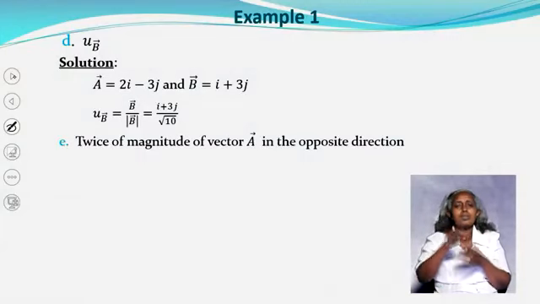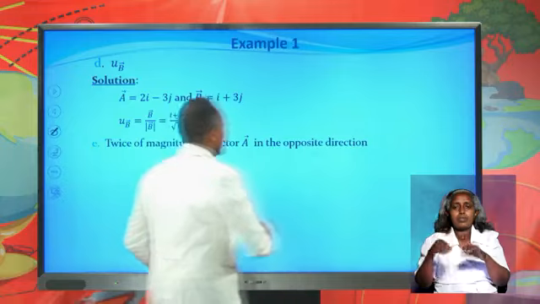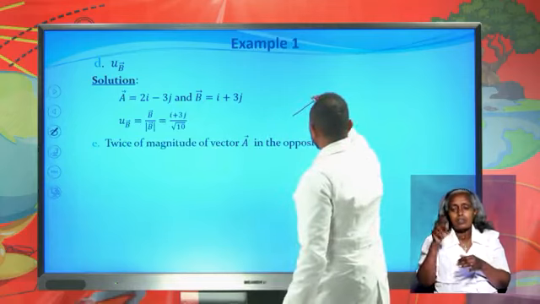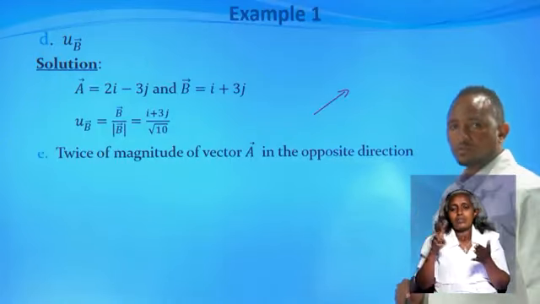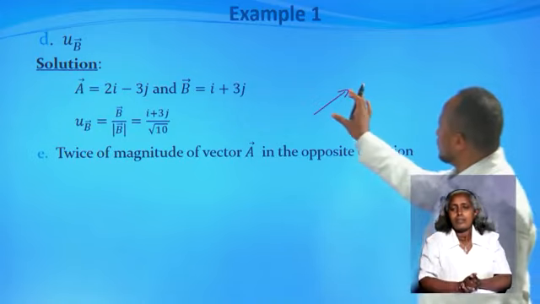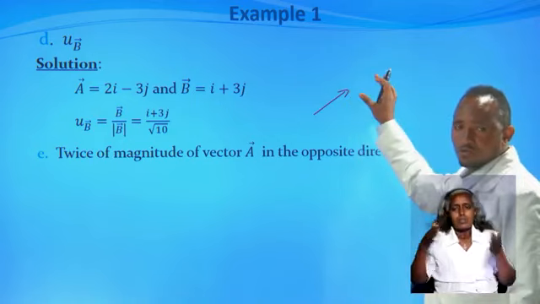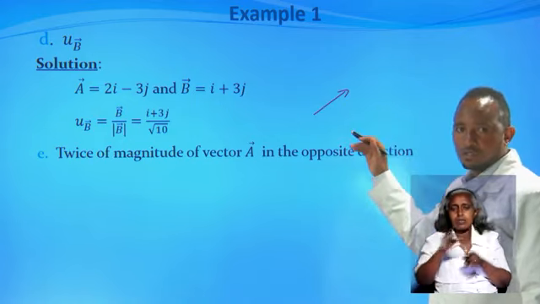Next question, we are asked to find twice the magnitude of vector a in the opposite direction. Let me say something here. If a vector is given here, and you multiply this vector by a certain constant, you magnify it, or you increase or decrease the magnitude, in the same direction or in the opposite direction.